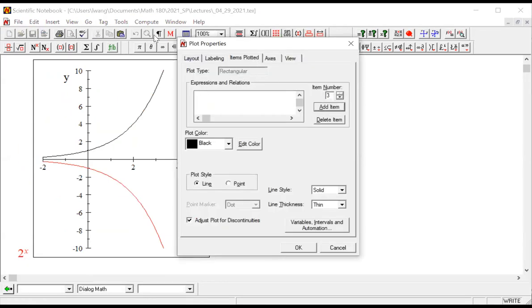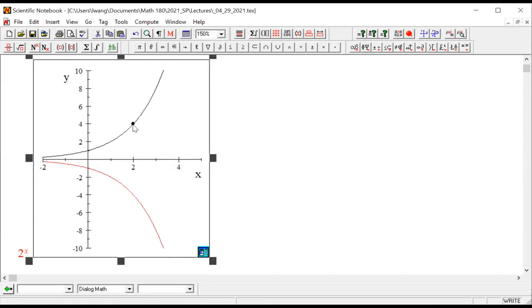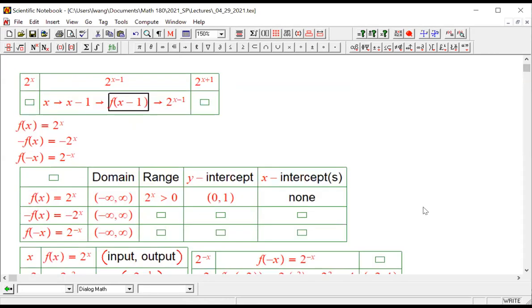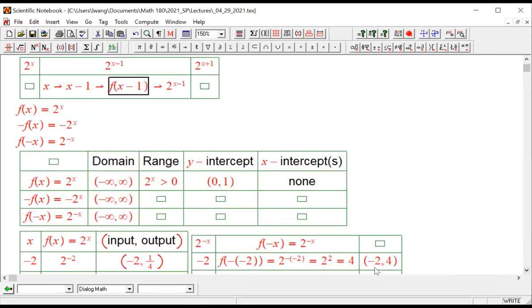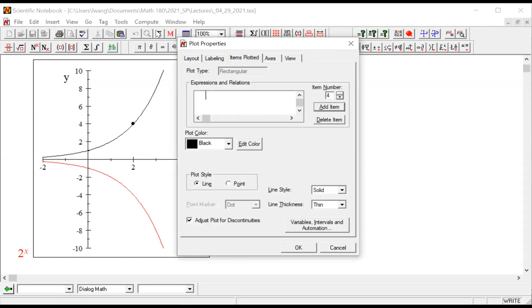Okay, so I'm going to put the points right there. So you see the reflection. 2, 4. It's a black dot, right here, 2, 4. Now, where do we reach 4? Negative 2, 4.